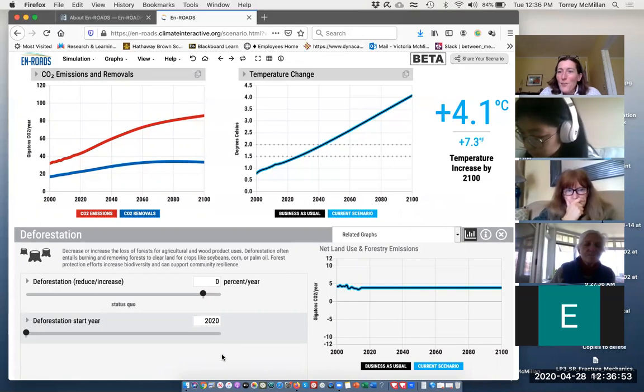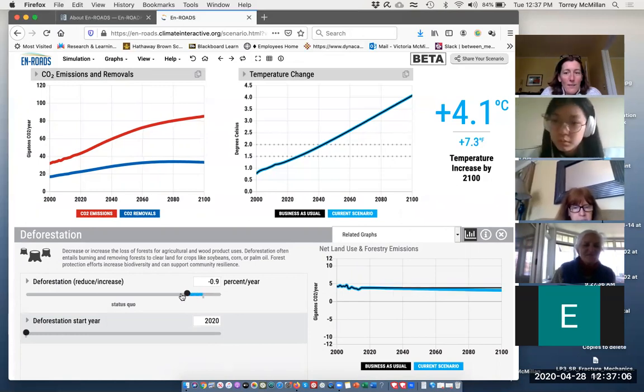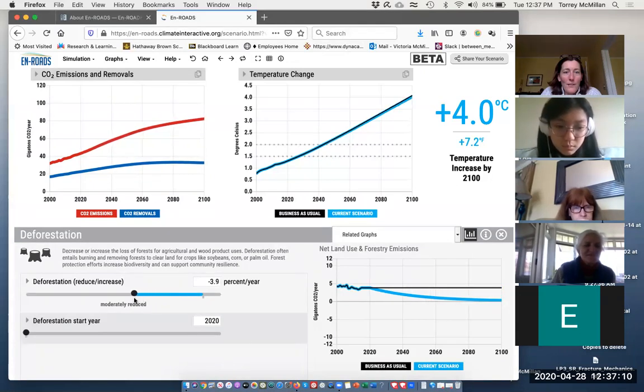So I feel like you just tossed us our next scenario to run, which is to see what happens if we can reduce deforestation. So let's say we start right away, and if we can keep our forests intact.